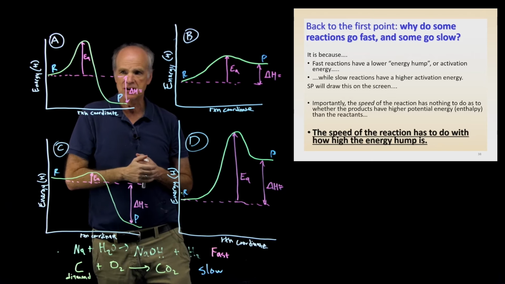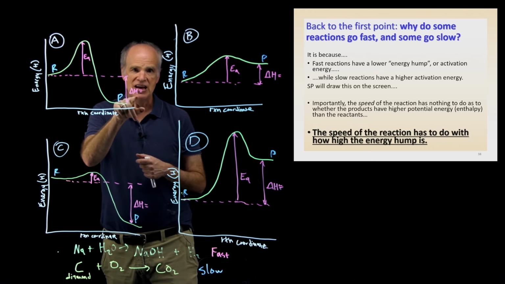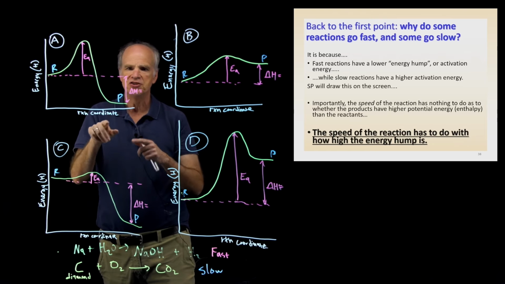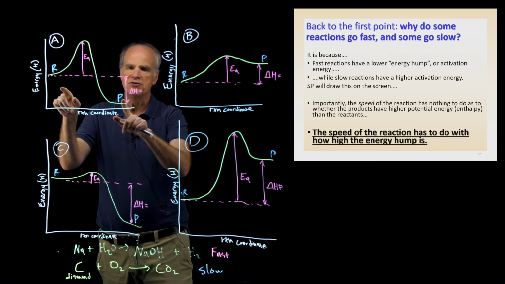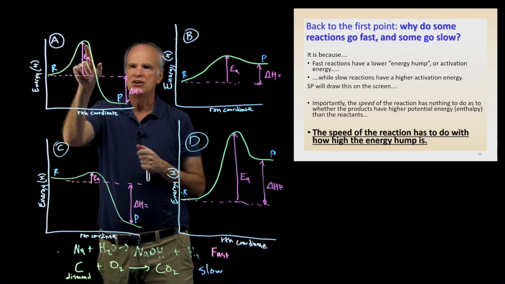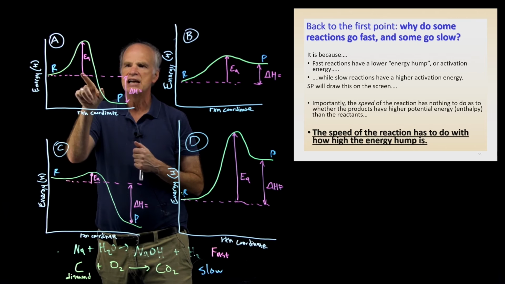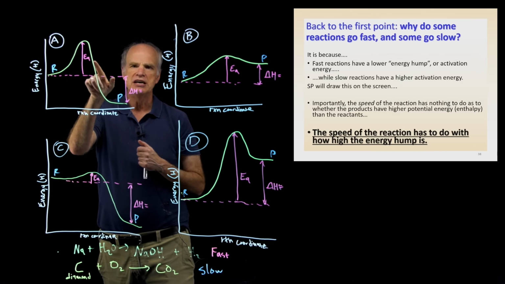And I've mapped out a couple of things. One thing I've mapped out is the change of enthalpy of the reaction. The change of enthalpy is merely the enthalpy difference between the products and the reactants. Another thing I've mapped out is the activation energy of this reaction. In other words, how much energy must the reactants have to get over this energy hump?